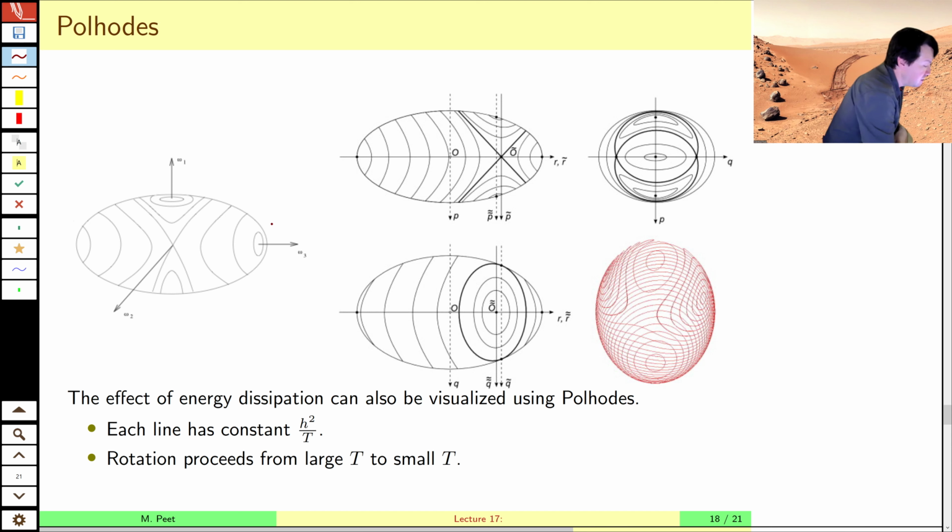So here we've got lines of constant h squared over T. That's the lines on the Poinsot. And the angular momentum is fixed. And so as we vary T, as we decrease T, we're going to go from maximum kinetic energy to minimum kinetic energy.